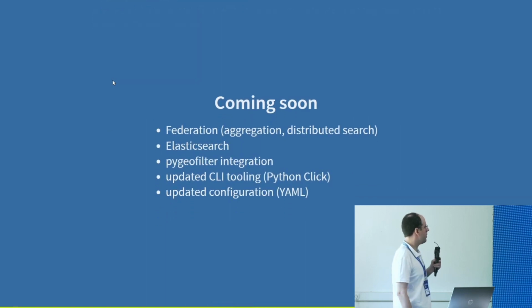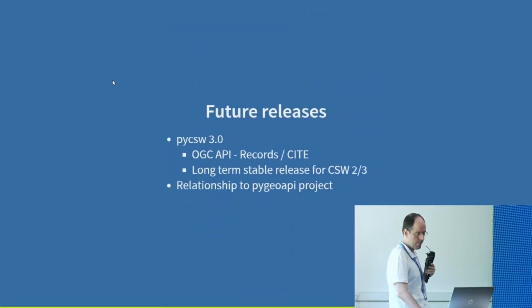What is coming, though, is that we are going to work on the federation part of the new standard, which will probably be an extension. We also plan to implement an Elasticsearch backend for pycsw. We already talked about pygeofilter, and of course we are also targeting updating our configuration text file to switch to YAML.